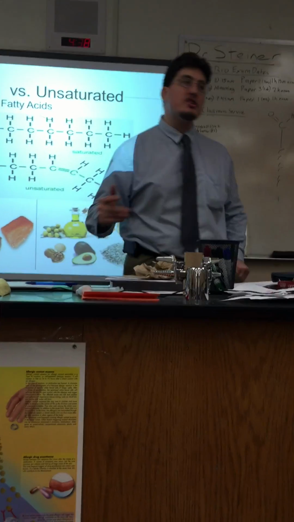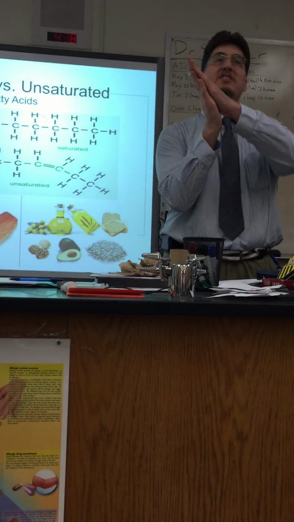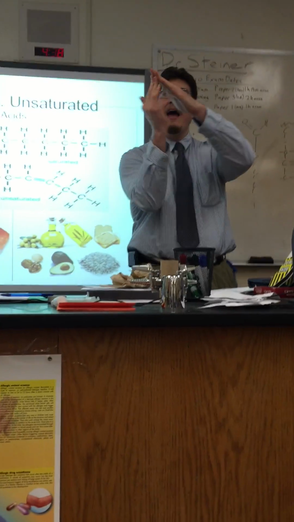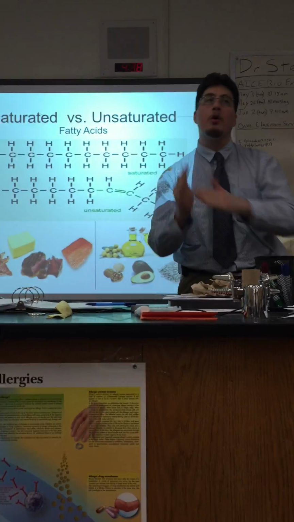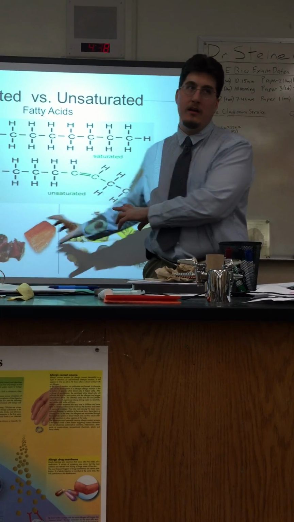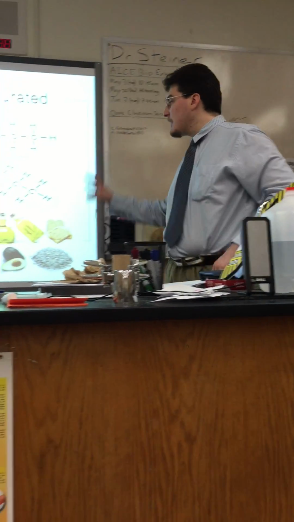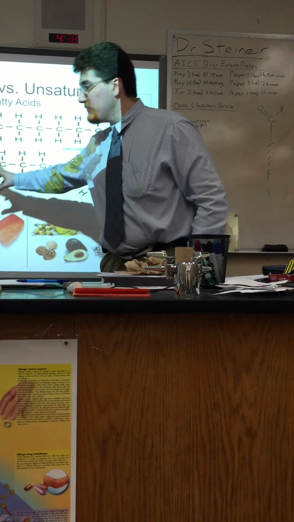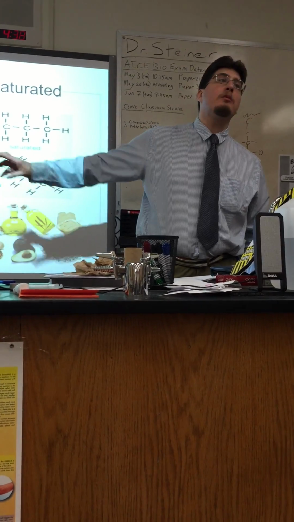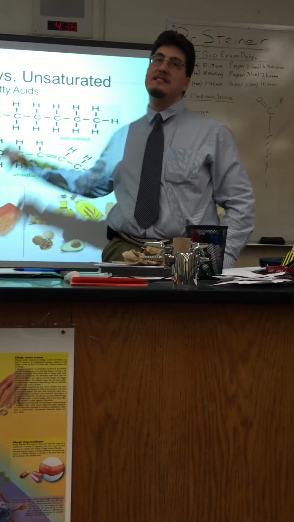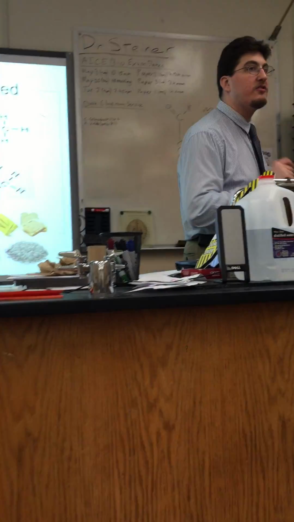So unsaturated chains means they force each other away, and there is more distance between them and more wiggle room, which makes them liquid at lower temperatures. So oils and vegetable fats and vegetable oils tend to have more unsaturated and polyunsaturated fats.